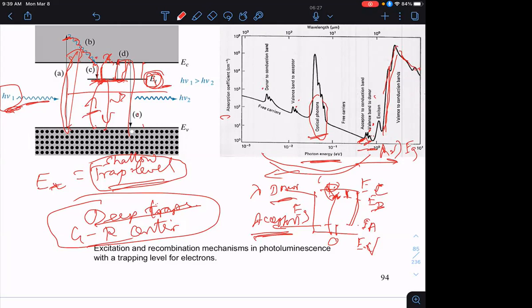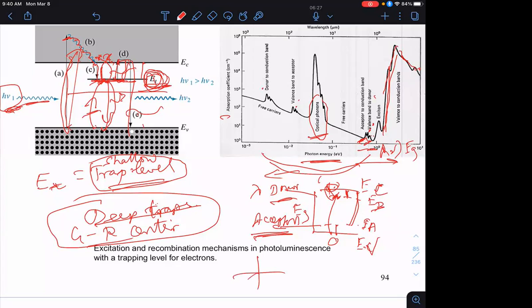Conversely, if I have a trap level like this, I can take an electron in the conduction band and it falls into this trap level and then subsequently emits a photon, and then subsequently from the trap level into the valence band emits another photon. The nice thing is, if I have such trap levels, that can also help with generation recombination processes in indirect bandgap semiconductors such as silicon.